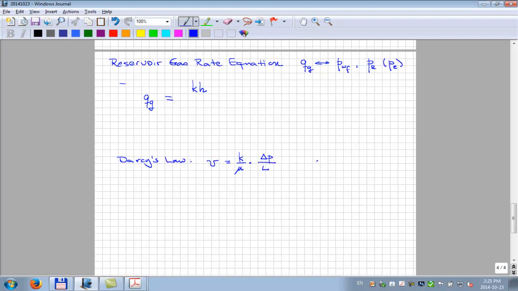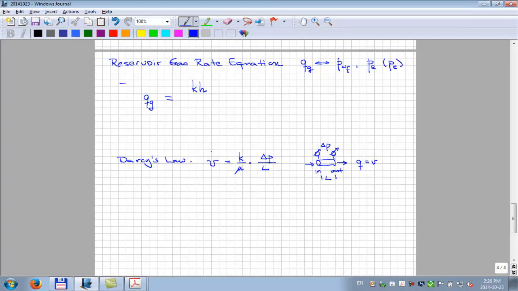So we'd be looking at a piece of rock. We're flowing in, we're flowing out. We measure the pressure here, we measure the pressure here, and the pressure drop from the inflow to the outflow over length L. This is the Darcy equation. And if you want to know the volumetric rate, that is the velocity.